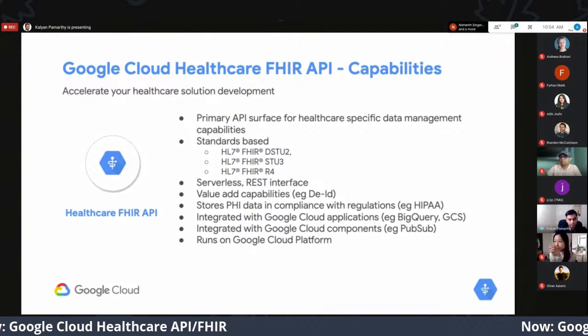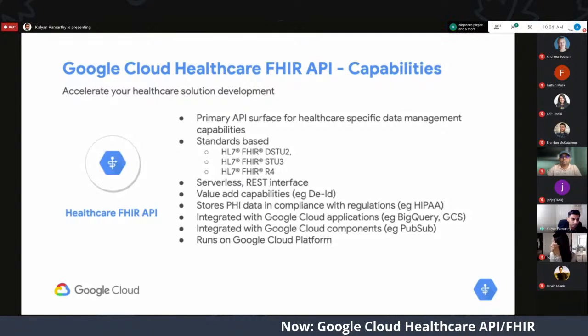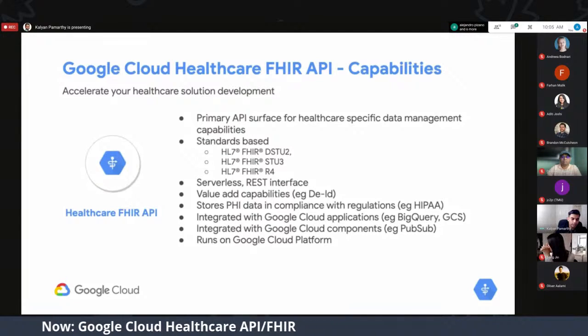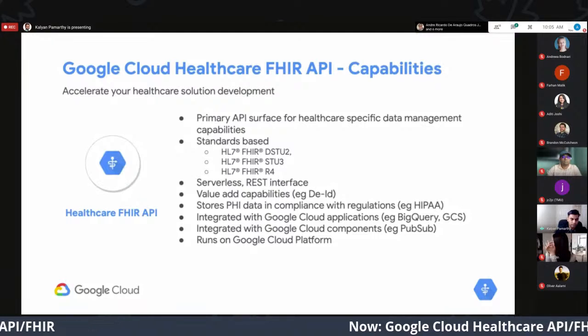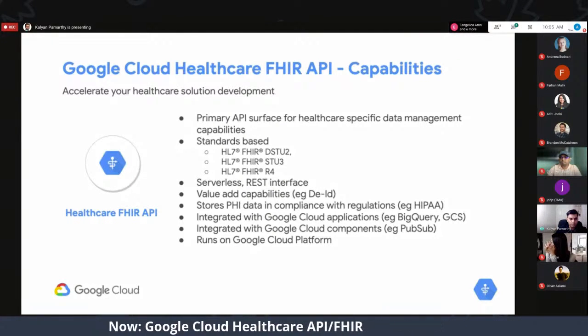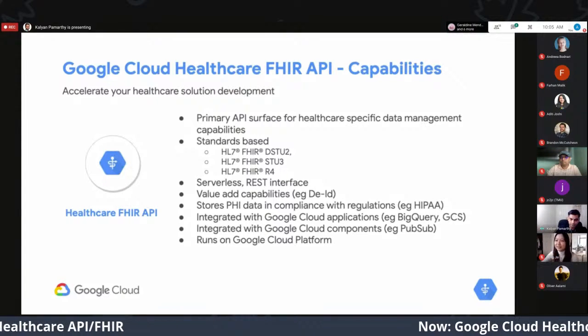Similarly, BigQuery is a very popularly used tool for large-scale data analytics, data warehousing, running machine learning models. So the HealthKit API and the FHIR data is very well integrated into BigQuery. So not only can you build applications with the FHIR APIs, but you can also export your data into BigQuery for analytics.